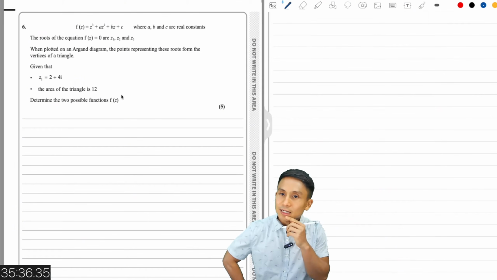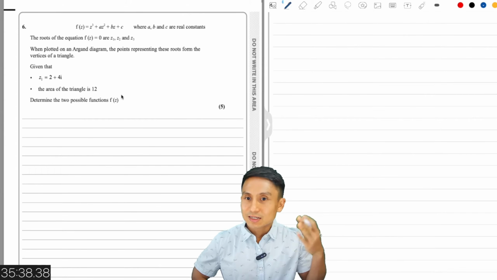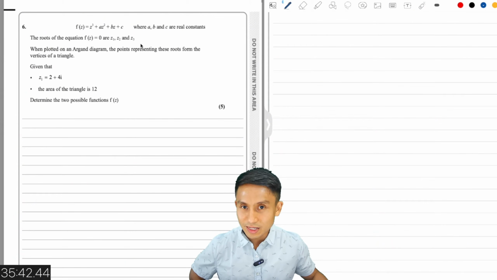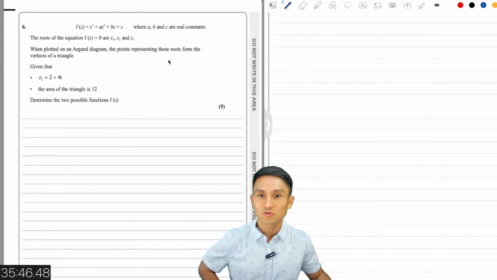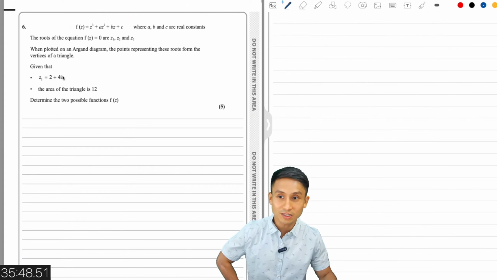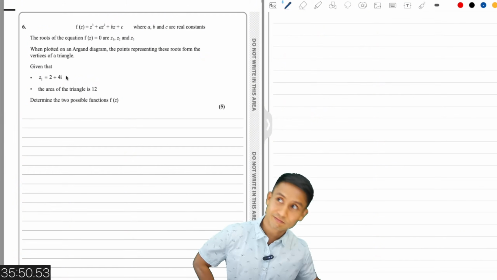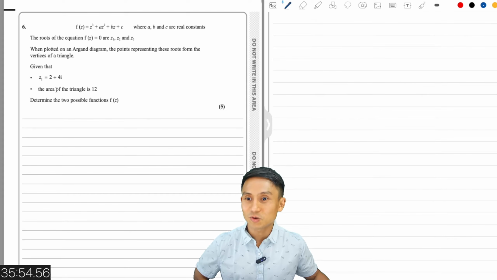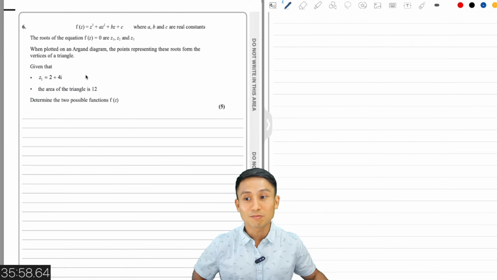Given f(z) is that, the roots of the equation f(z) equals 0 are z1, z2, z3. When plotted on an Argand diagram, the points representing these roots form the vertices of a triangle. Given that z1 is that, they give you one complex root.